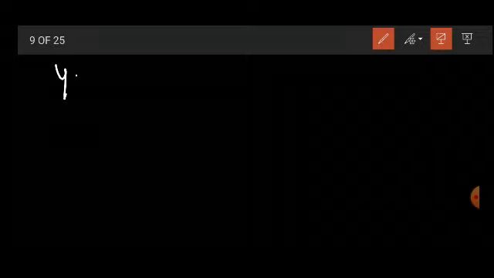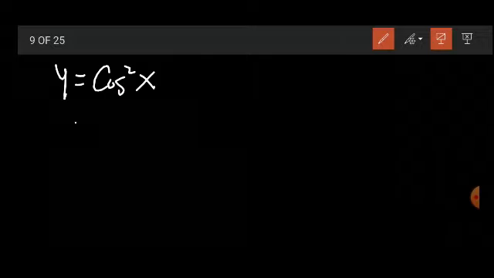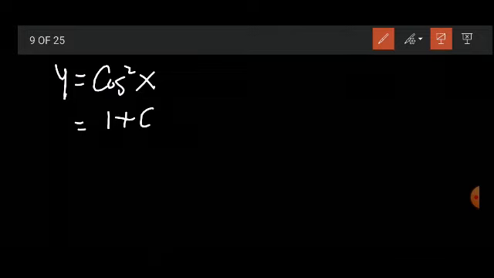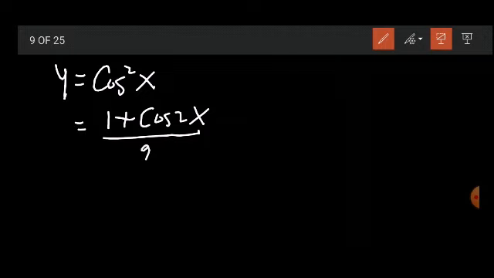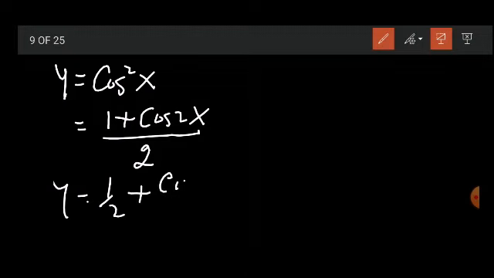For cos square x, one can say (1 plus cos 2x) upon 2. This is a well known formula too. So y equal to 1 by 2 plus cos 2x upon 2.